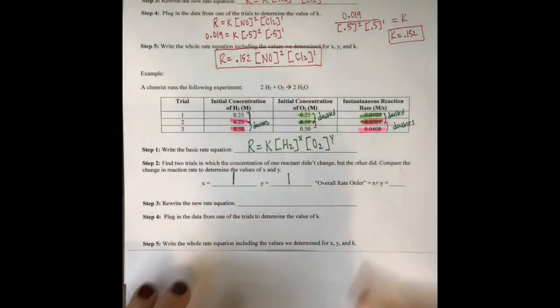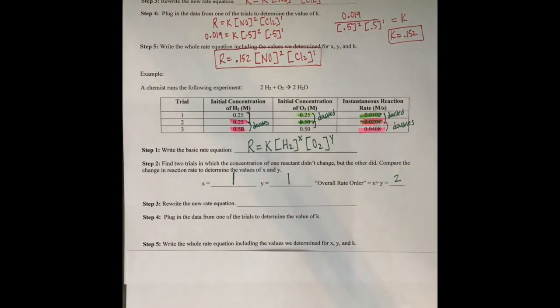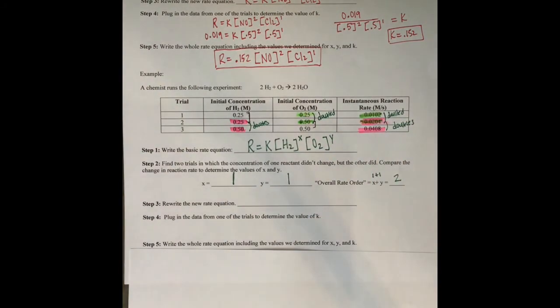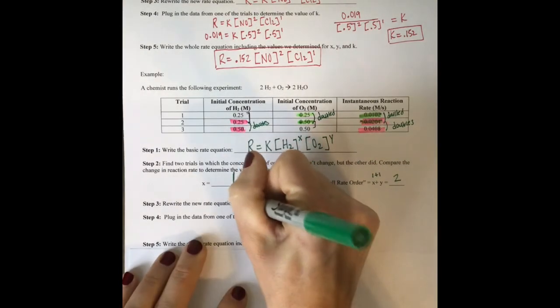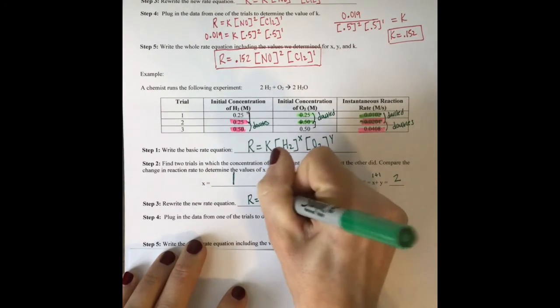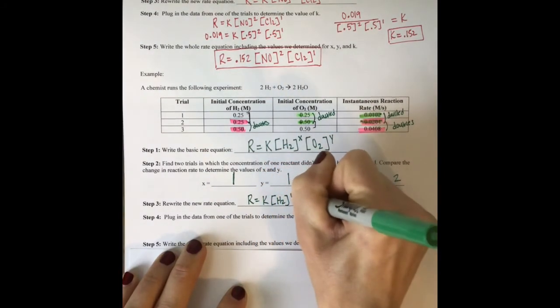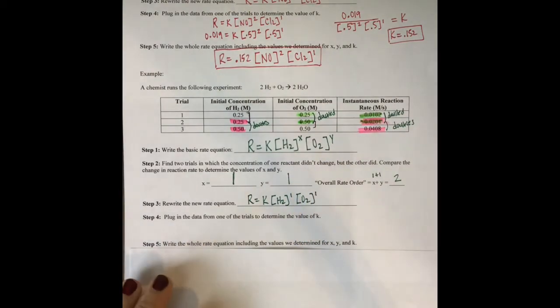Okay, your overall rate order will be a 2 because 1 plus 1 is 2. You can even make yourself a note to know how you got it. We're going to write our new equation, which means we're just going to plug in what we know now. We know that X is 1 and Y is 1.